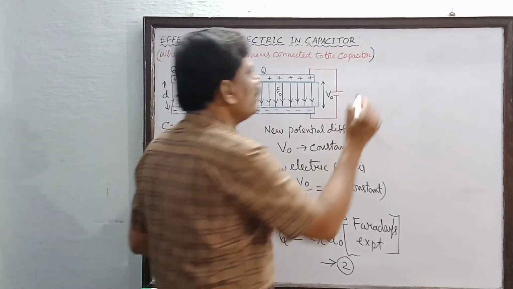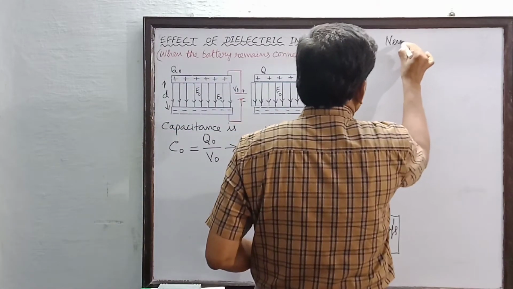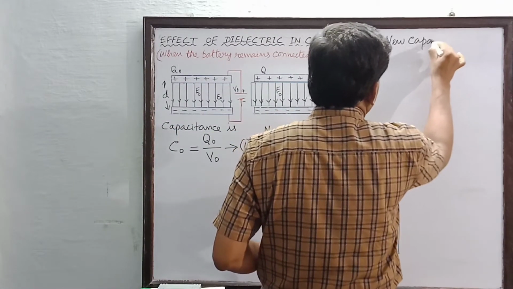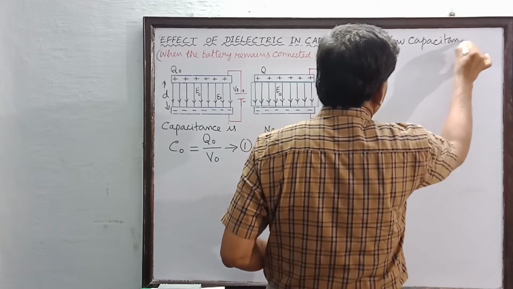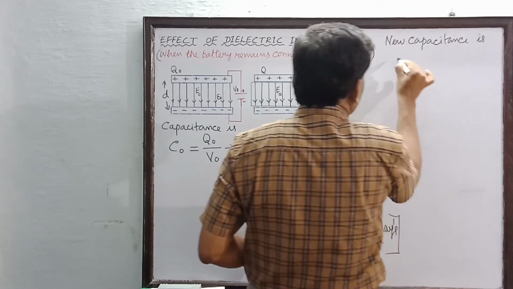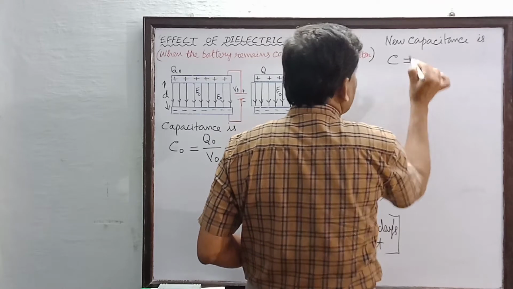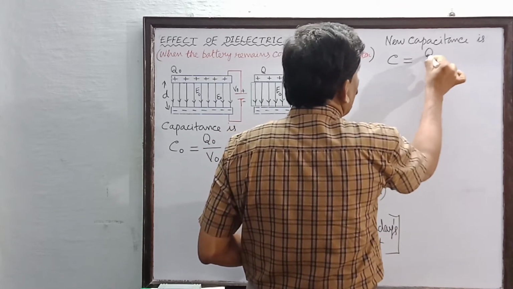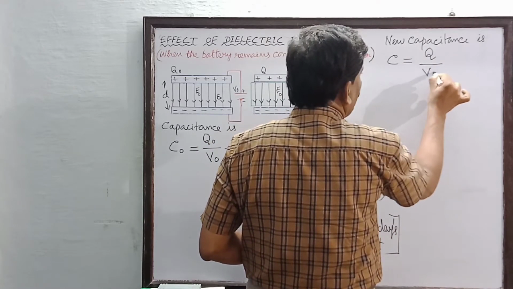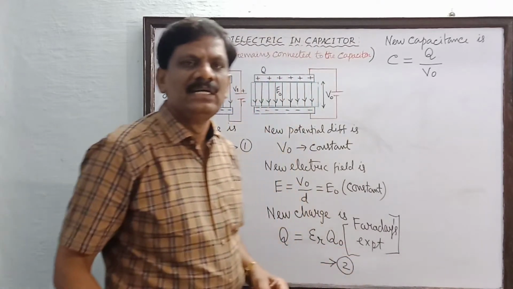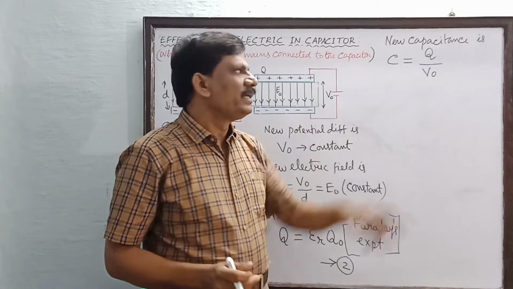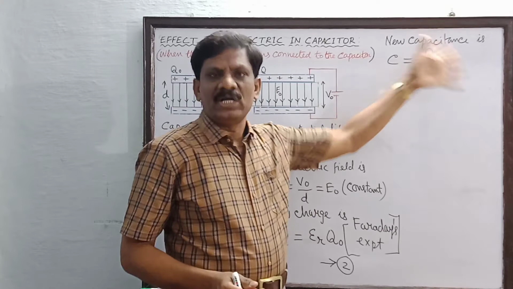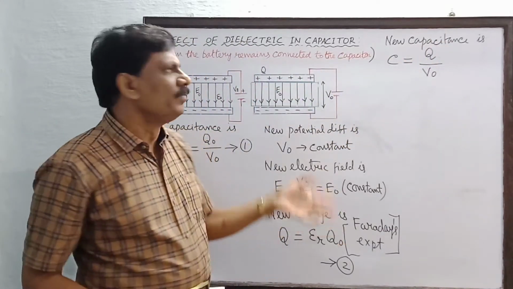Therefore, what is the new capacitance now? The new capacitance is denoted by the symbol C. So this new capacitance is equal to the new charge divided by the original potential difference, C equal to Q by V. But instead of Q, the new charge which is stored in the plates, we have to substitute.